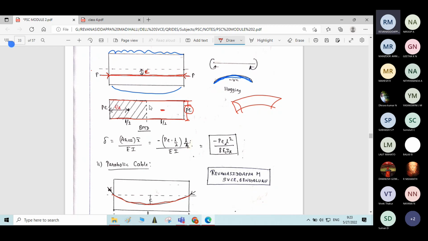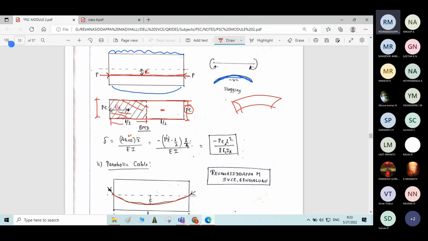Don't forget this negative sign for pre-stressing force. Now I have considered half of the BMD and used this generalized formula, area into x bar divided by EI. Area is PE, the height, into L by 2, the length of the rectangle.